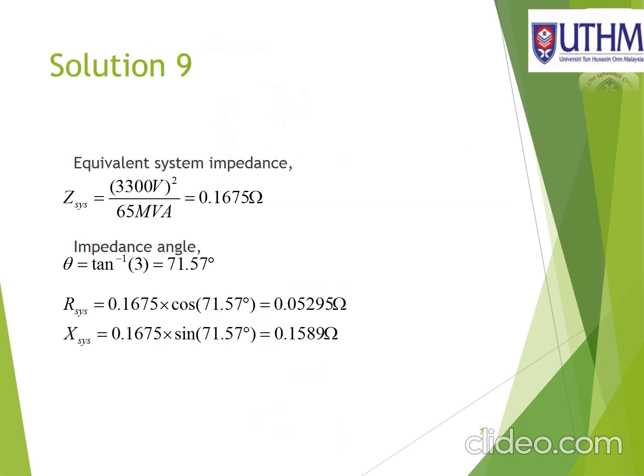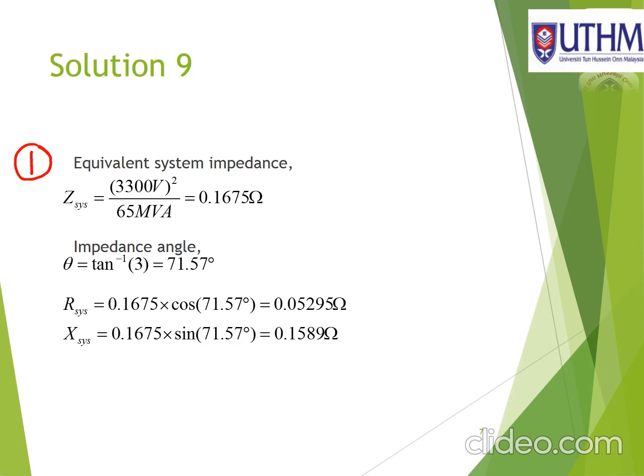Next we go to the solution. First step, we have to calculate the equivalent system impedance. This one is at the top of the circuit. So Z system is equal to this formula.